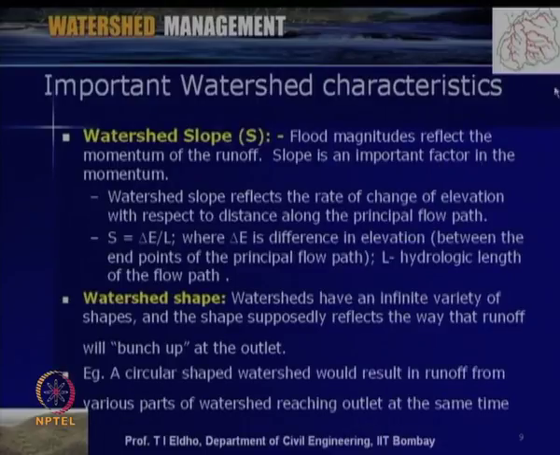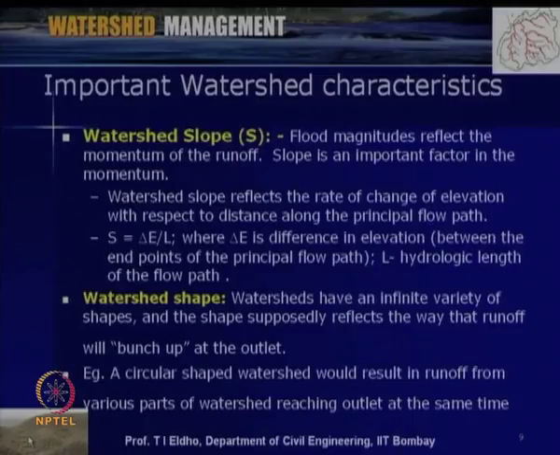Here you can see that there is a steep slope for this watershed, so there will be more momentum in the runoff. Watershed slope reflects the rate of change of elevation with respect to distance along the principal flow path.